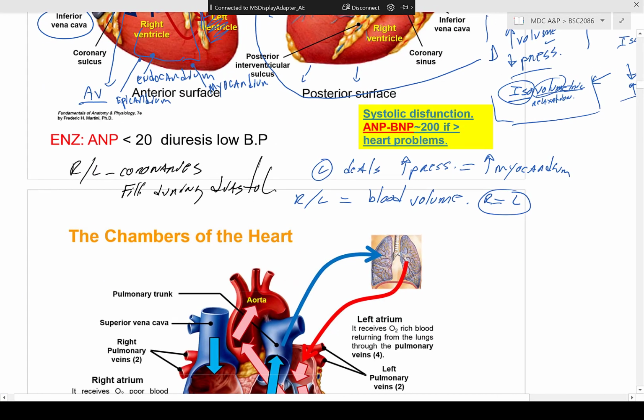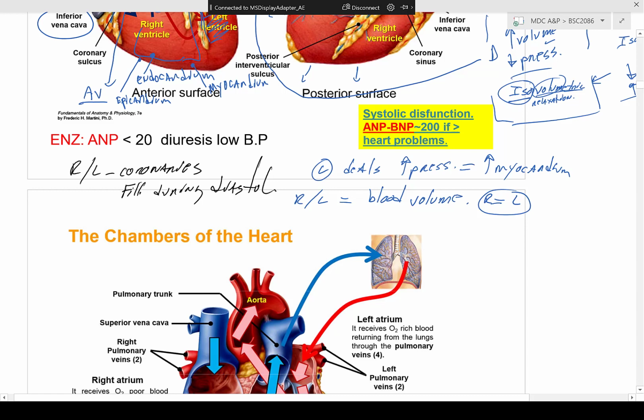So we have again, the main thing, whenever you have too much preload in your heart, what hormones will be activated in the heart to prevent this from happening? When you have too much blood entering your heart, what hormones do you have to prevent this from happening?